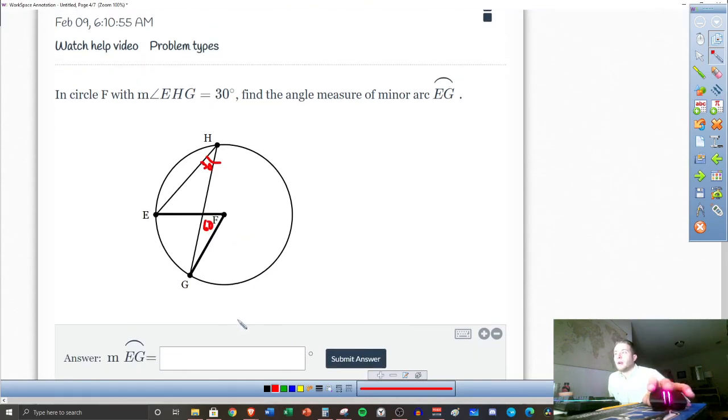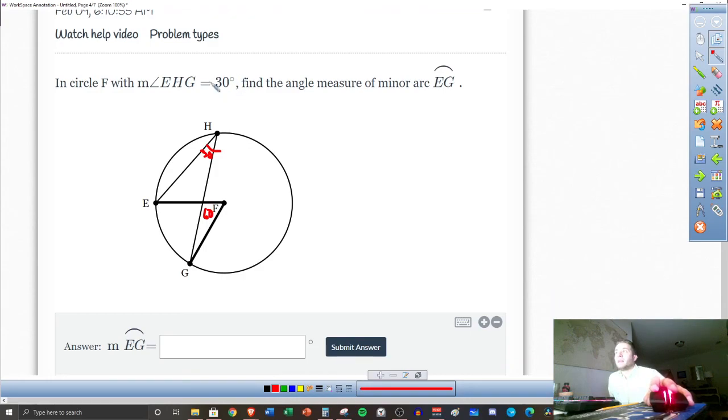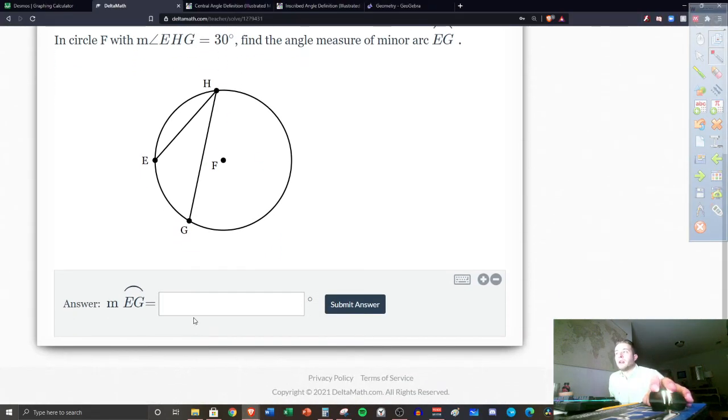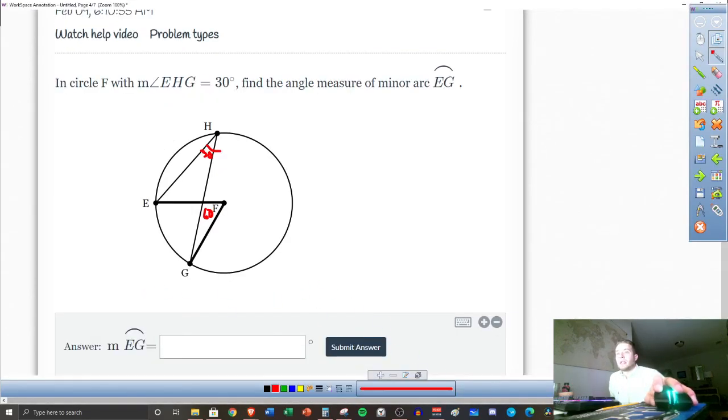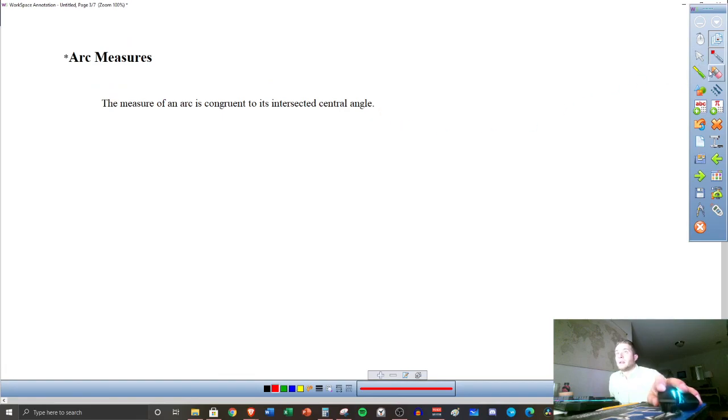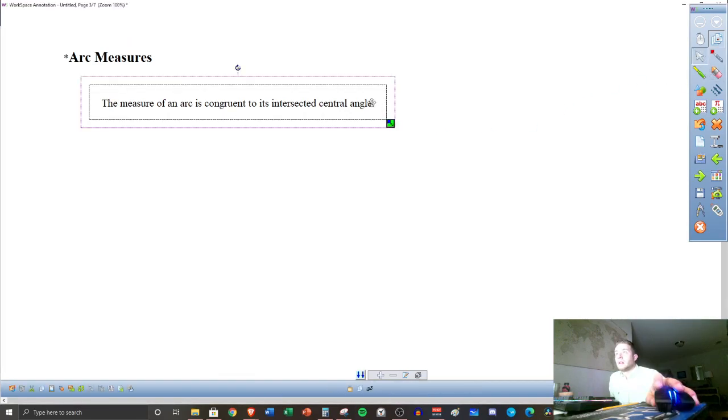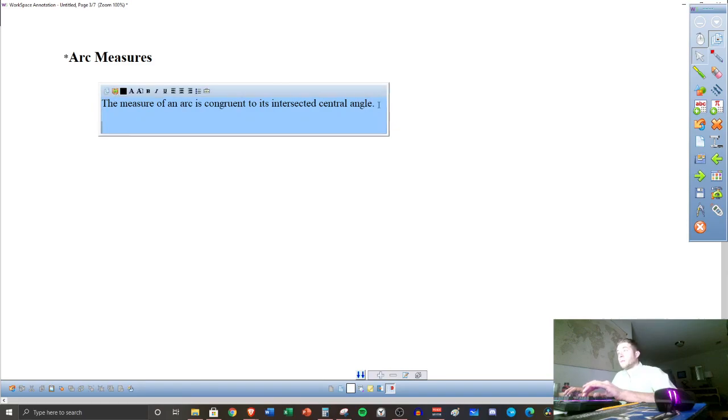So we almost create this rule that it's going to be double the inscribed angles. That's another idea that we can put down. Let's go back to this and add another, and we'll say it will be double an inscribed angle.